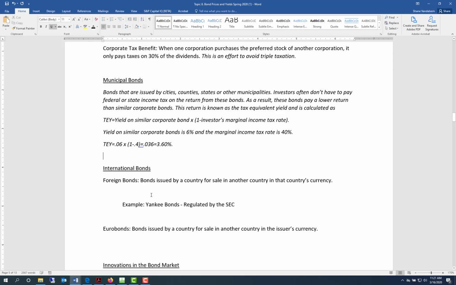The next type of bonds that we're going to talk about are international bonds. The first type is foreign bonds. These are bonds issued by a country for sale in another country in that country's currency. And that's a little confusing, so I'm going to give you an example of a Yankee bond.